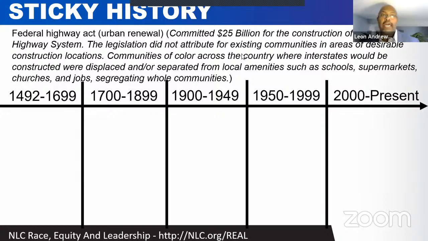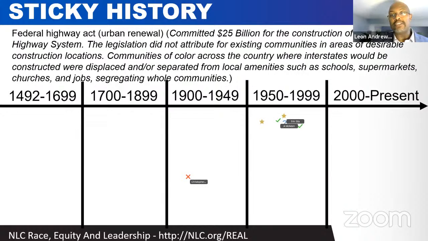The Federal Highway Act, which was under what they refer to as urban renewal. It committed $25 billion for the construction of the interstate highway system. The legislation didn't account for existing communities in areas of desirable construction locations. Communities of color across the country where interstates would be constructed were displaced and separated from local amenities such as schools, supermarkets, churches, and jobs, segregating whole communities.